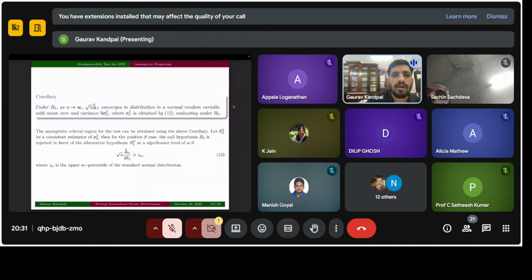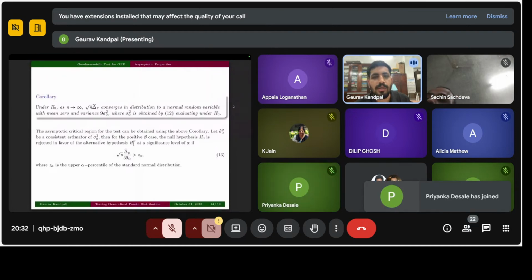Under H naught, we get asymptotic normality, and using that, this asymptotic test is given in equation number 13, where we reject the null hypothesis H naught in favor of the alternative hypothesis H1 P at significance level alpha if root n delta hat p divided by 3 sigma hat naught is more than Z alpha, where Z alpha is the upper alpha percentile of the standard normal distribution.